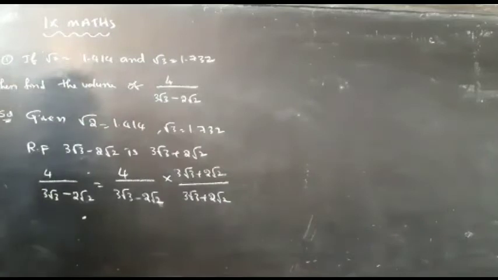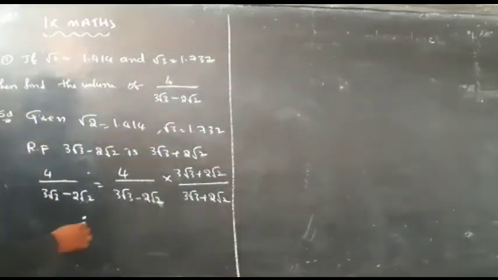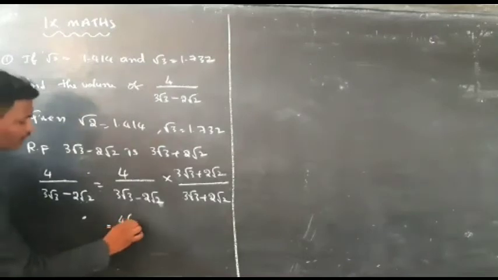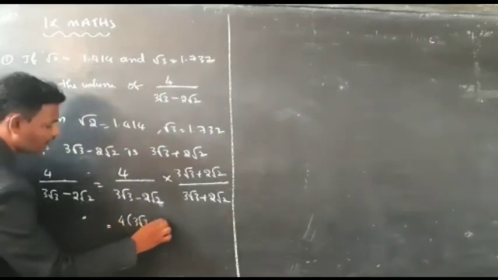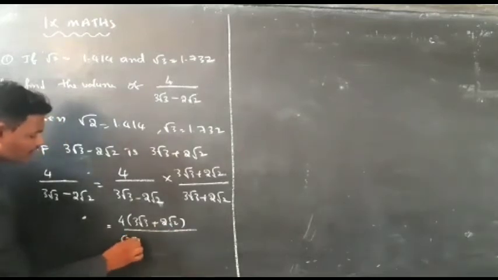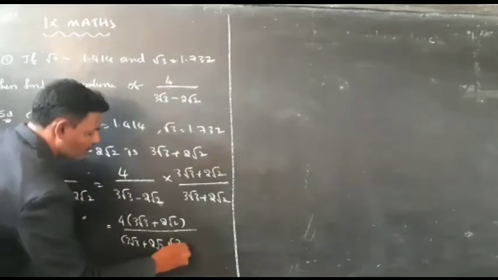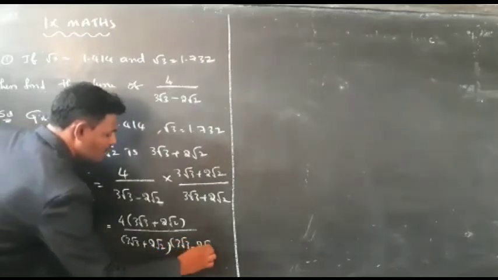Then I am going to multiply numerators and also denominators. What are the numerators here? 4 into 3 root 3 plus 2 root 2 by 3 root 3 plus 2 root 2 into 3 root 3 minus 2 root 2.